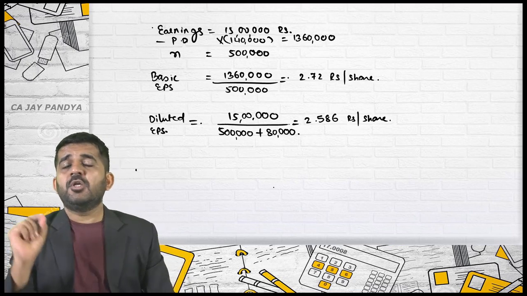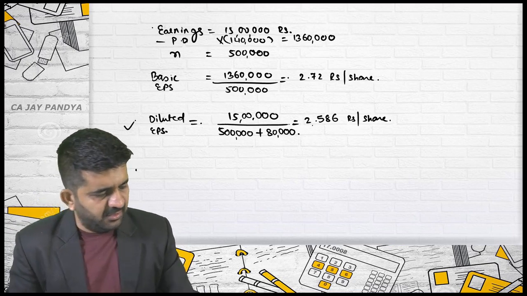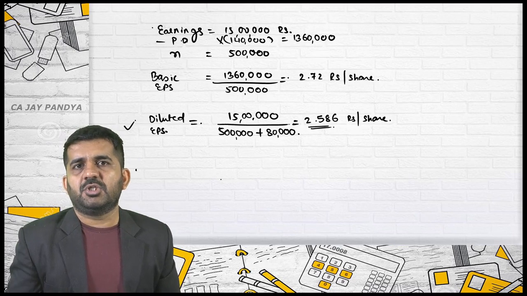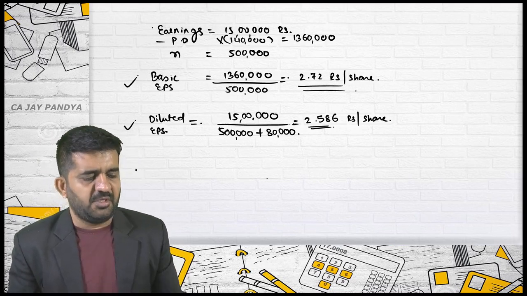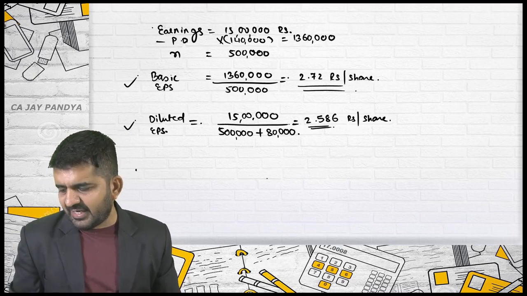So if all the preference shareholders convert their shares into equity shares, they will be getting EPS of this. If they do not convert into equity shares, the EPS of the company will remain 2.72. This is basic and diluted EPS.